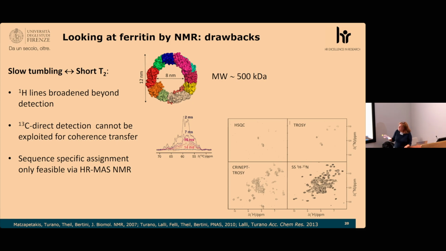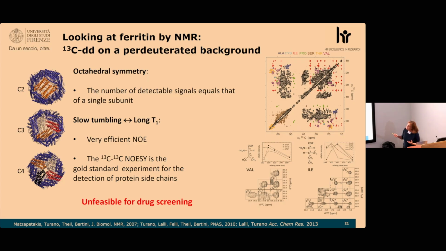So in order to obtain a large share, but not complete assignment of this protein, we had to move to solid state NMR and then transfer the assignment to the solution.